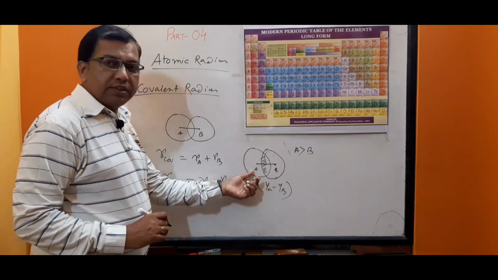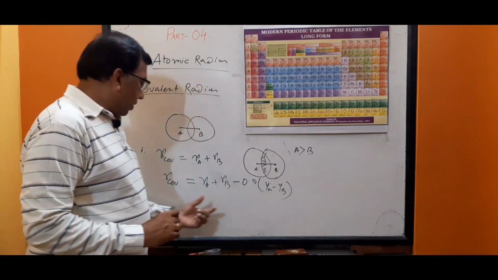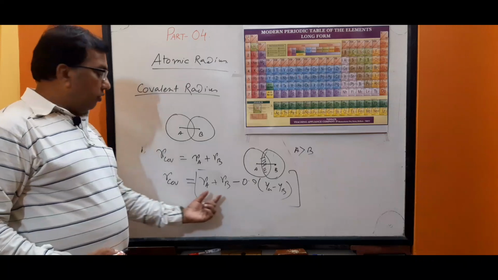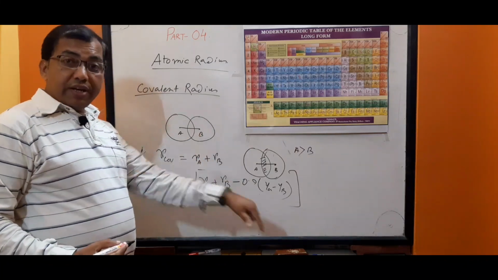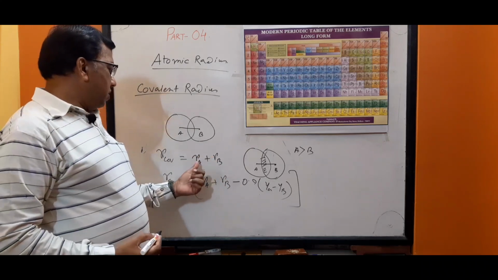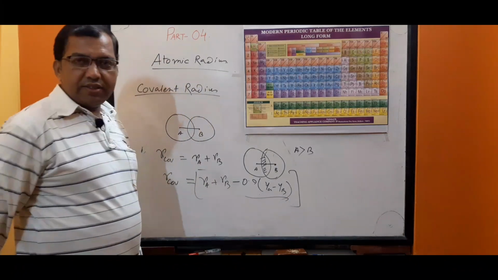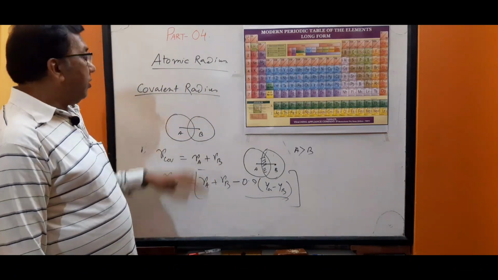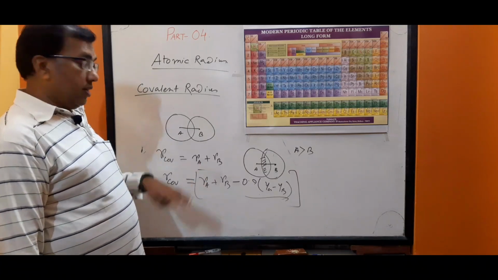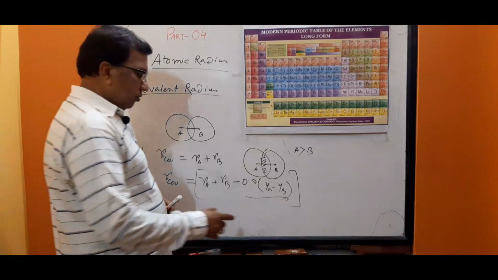Electronegativity of A is chi A and electronegativity of B is chi B. So, this is the formula in case of different atoms and different electronegativity. It is Ra plus Rb minus this term, you have to subtract. So, this is the main formula for finding the covalent radius. Okay, clear? Achha, note it down, write it down.